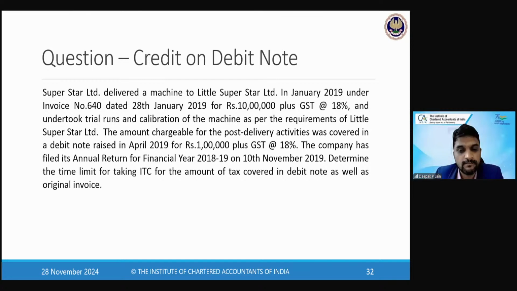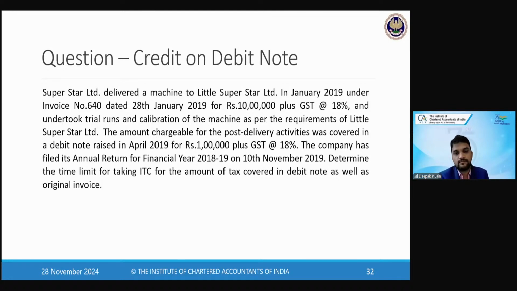Please read. Superstar Limited delivered a machine to Little Superstar Limited in January 2019 under invoice number 640 dated 28 January 2019 for rupees 10 lakh plus GST at the rate of 18%, and undertook trial runs and calibration of the machine as per the requirements of Little Superstar Limited.